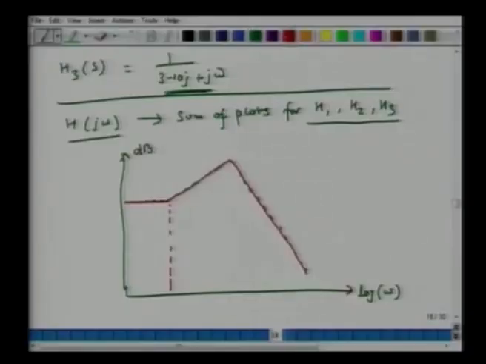The breakpoints are at log 2, and the second breakpoint, as you have expected, is going to be log 10.44, and the y-intercept is going to be minus 34.72, and this peak point is going to be minus 20.37 decibels. So this is my asymptotic response, which corresponds to transfer function H, which is a product of 3 individual transfer functions H1, H2 and H3.